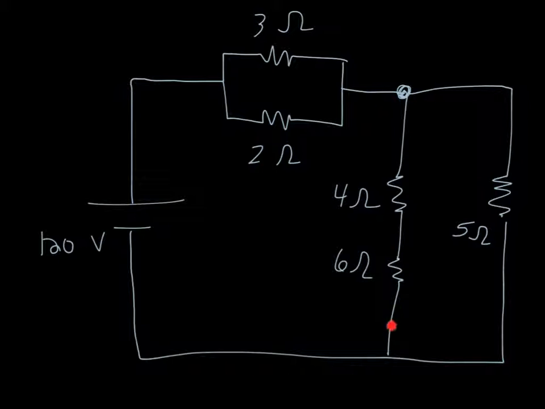Which means this is parallel with this. What about these two here? These are series because there's no split between them. So these are parallel to each other. These are parallel to each other. This is series. If I can reduce this to one resistor, reduce this to one resistor, these are then in series also. So the first thing I want to do is simplify this and this.